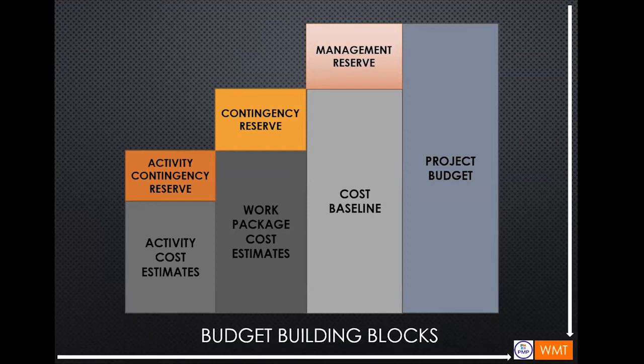For the contractor, sa estimate niya, idadagdag niya 10 to 15% for the contingency. Pwede niya i-break down yung 10 to 15% na yun into yung activity cost, yung work package, tsaka yung management reserve. Pero overall, normally, kapag nangongontrata tayo, meron tayong 10 to 15%.